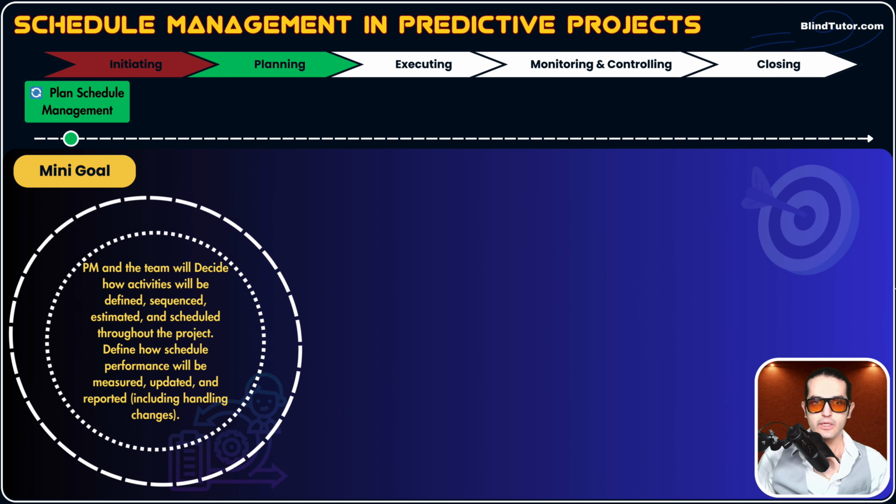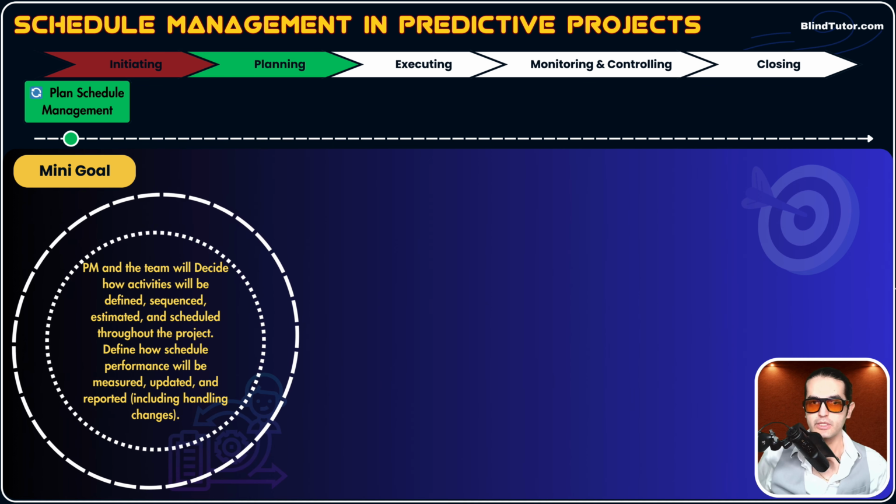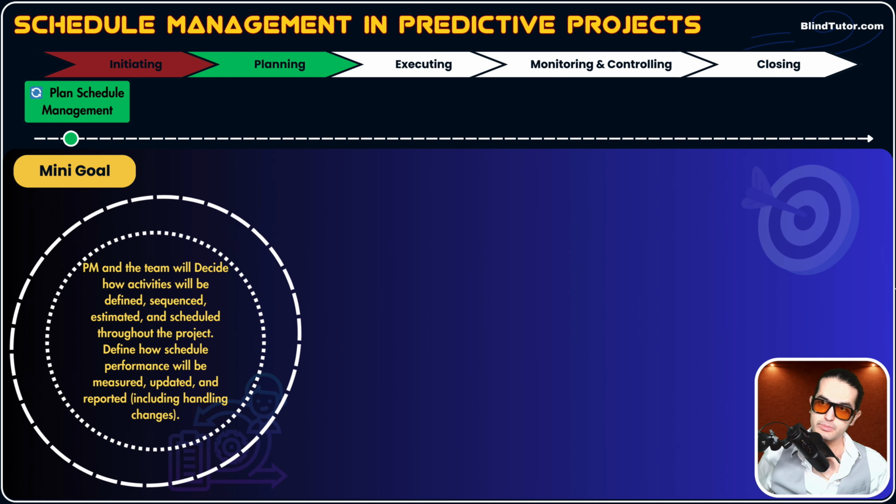We also, in this process, define how schedule performance will be measured, and how schedule performance will be updated and reported to our stakeholders. So all how-to concerns, questions and instructions related to the schedule part of the project will be decided in this process. We decide, for example, what approaches we use to sequence activities, what approaches we use to estimate activities.